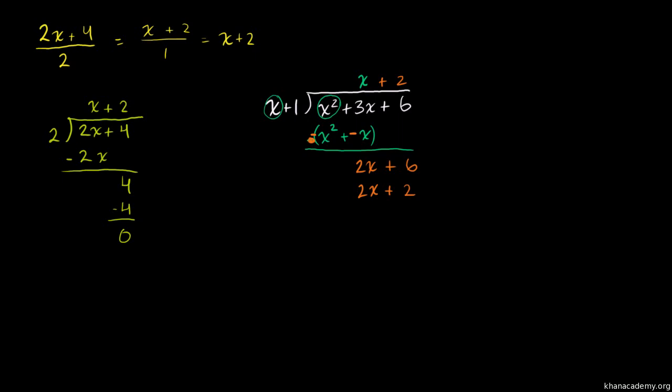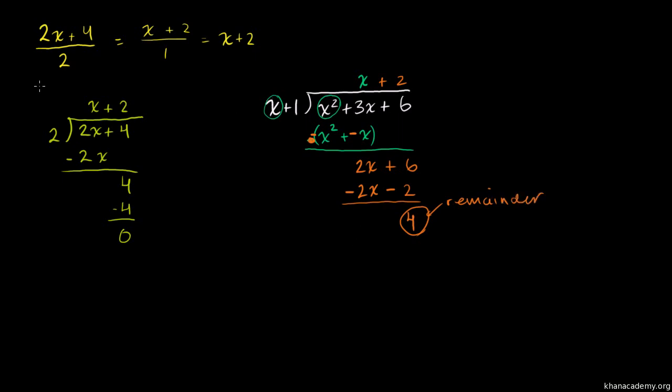Instead of writing 2x plus 2, we could just write negative 2x minus 2 and then add them. These cancel out. 6 minus 2 is 4. And how many times does x go into 4? Well, we could just say 0 times, or we could say that 4 is the remainder.